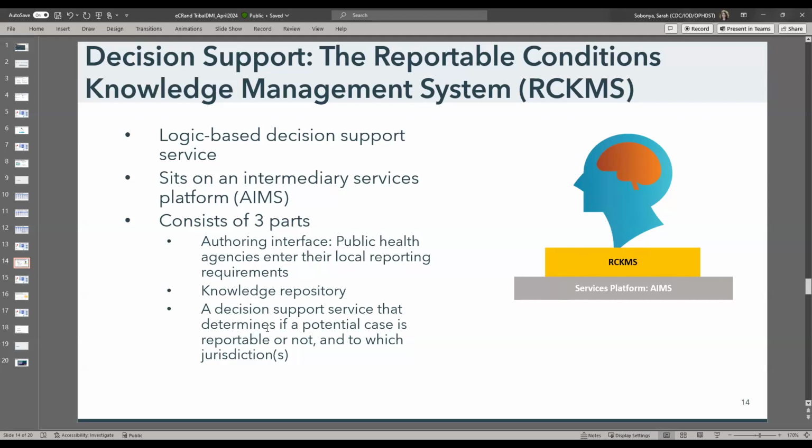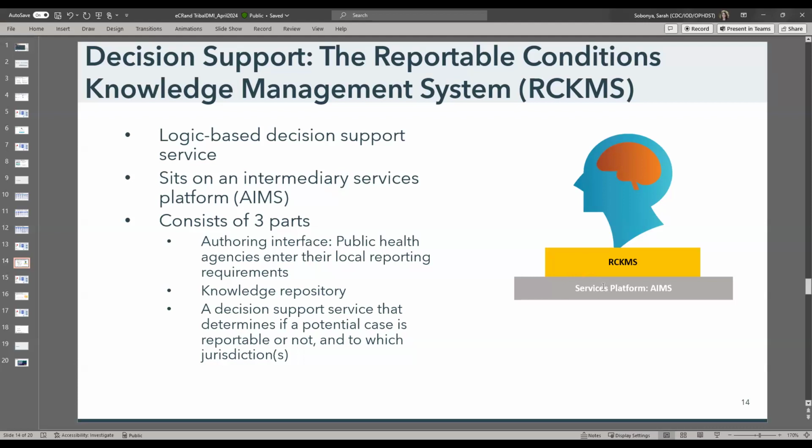And then when a case comes through, the decision support service determines, is this reportable based on the criteria that are entered by this jurisdiction, or is it not reportable? So for example, a jurisdiction public health agency might only want COVID cases where the patient is hospitalized. So as they're doing their authoring, they would enter the requirement that patient location is in the hospital.